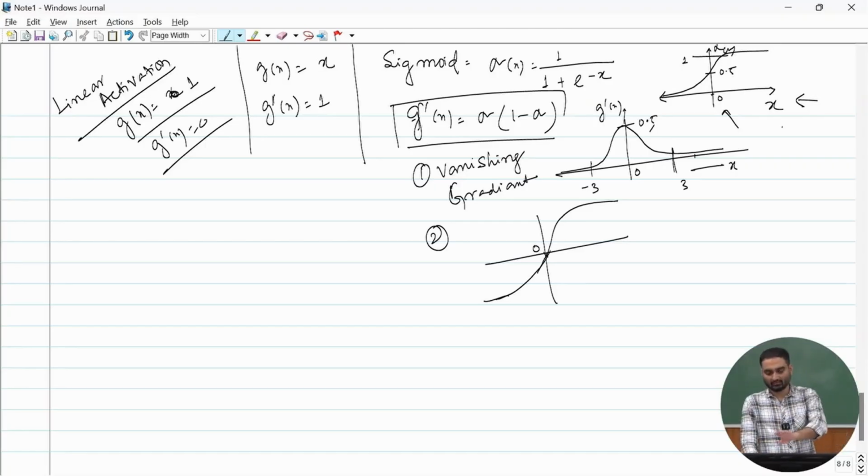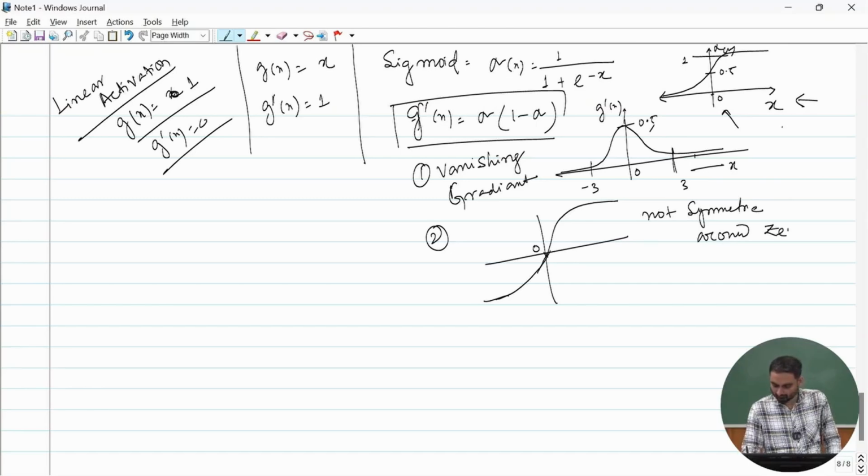We'll see later that symmetry is generally always good. So this is not symmetric around 0. How to address this?